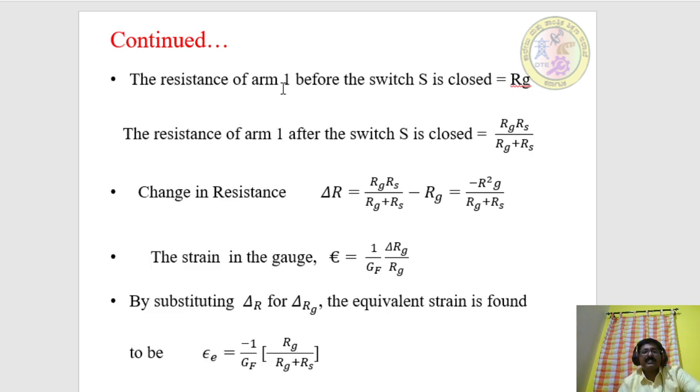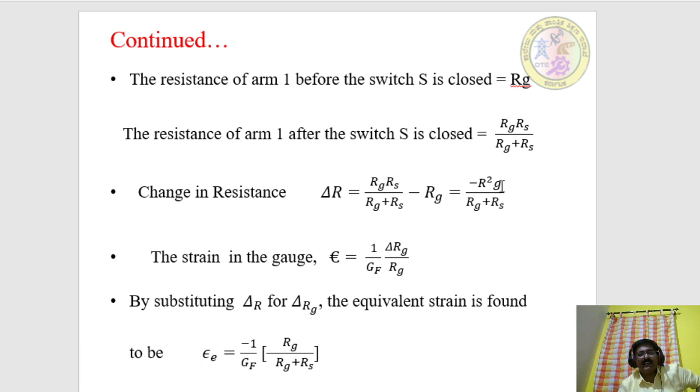Say the resistance of arm 1 before the switch S is closed is Rg. Then the resistance of arm 1 after the switch is closed I can represent by this equation: Rg into Rs divided by Rg plus Rs. Now the change in resistance delta R is equal to Rg into Rs divided by Rg plus Rs, minus Rg.